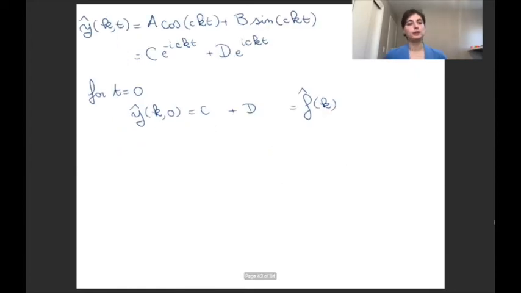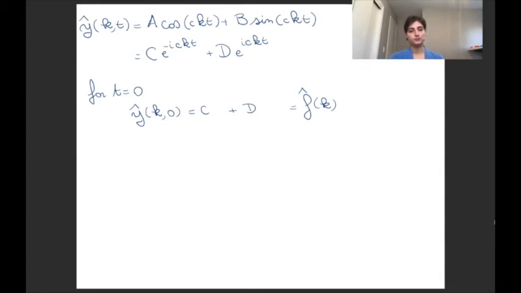Now we have to figure out the values of the coefficients in front of this. So we need to find a and b. Or we can rewrite it as a complex exponential: C times exponential of minus i c k t plus D times e to the i c k t.